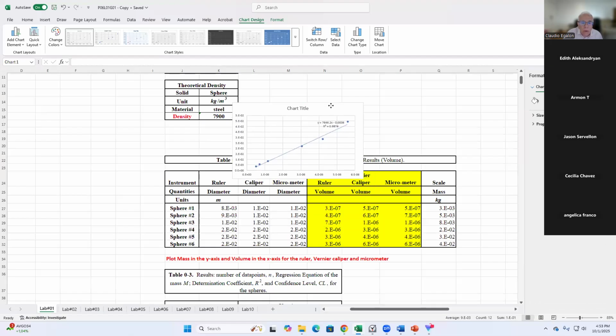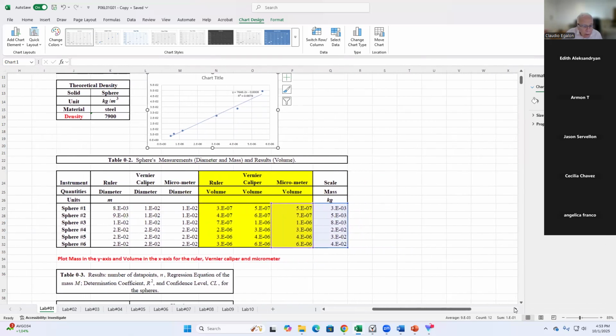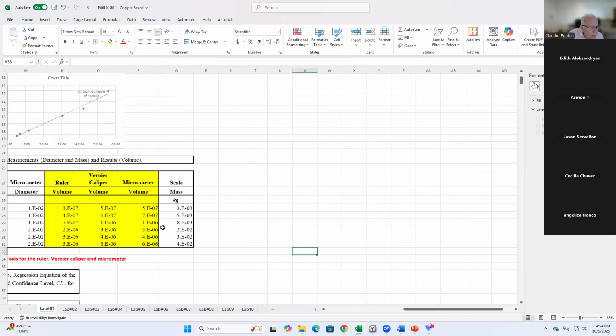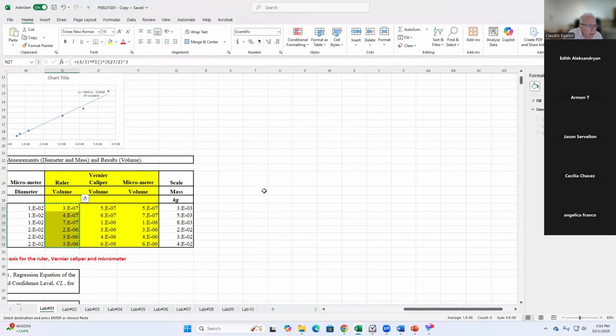Okay, here you go. So it must be a problem with the Mac. We are going to do the following. We are going to copy this volume for the ruler. Highlight and copy.